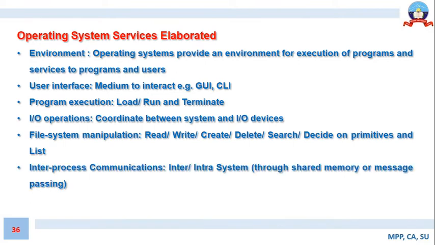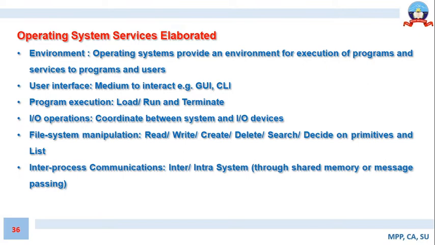An operating system should be capable of enabling intra-process communication as well as intra-system communication. So it may be communication within the process or in between the processes, or within a system or in between systems. An operating system should be capable of facilitating all of this.